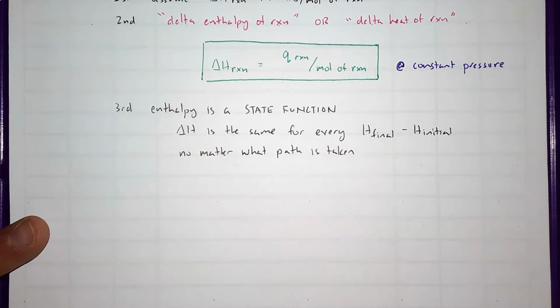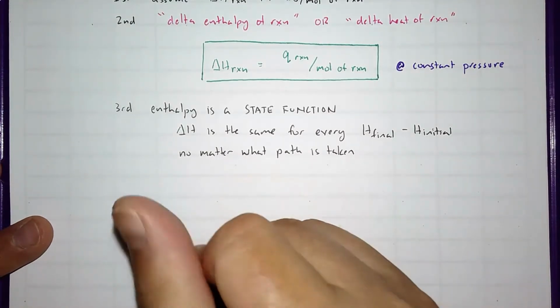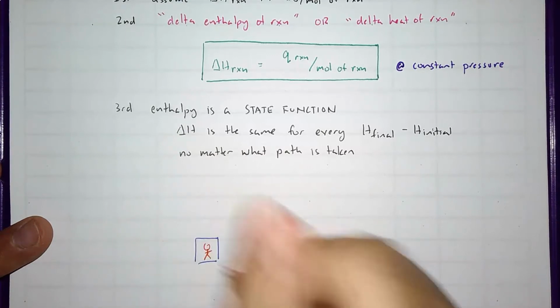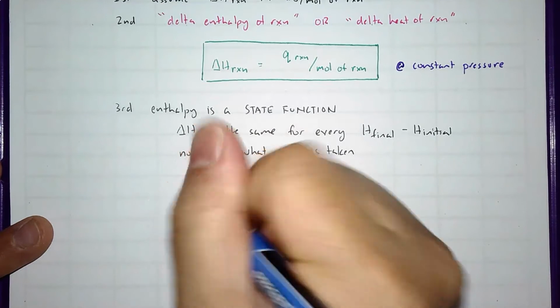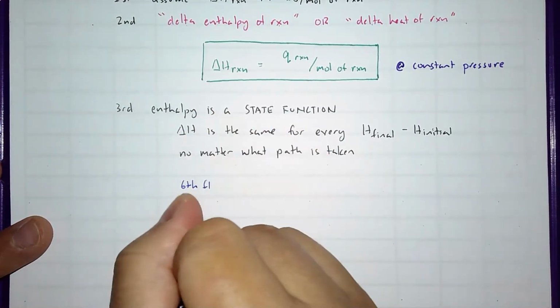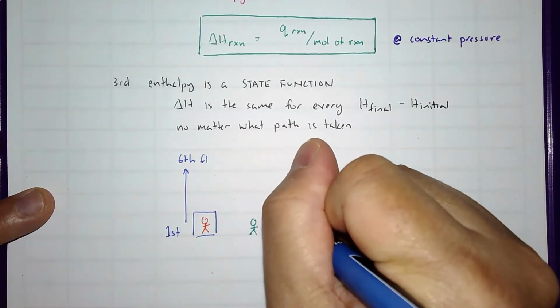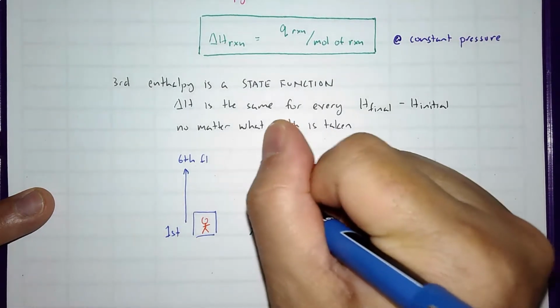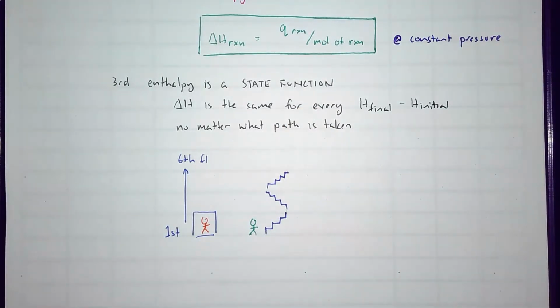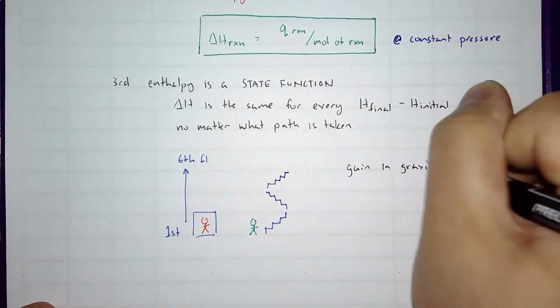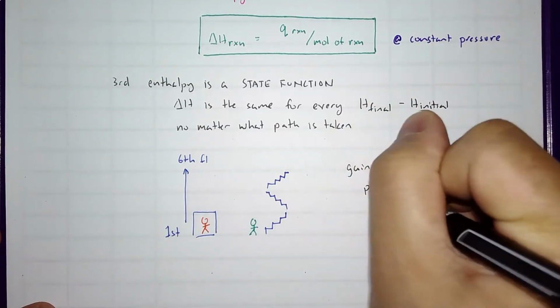Just as a reminder, for instance, if I have a 6th floor building, and I have one person take the elevator, and that elevator goes up to the 6th floor from the 1st floor, and we have another person take the stairs, the gain in gravitational potential energy should be the same for both of them.